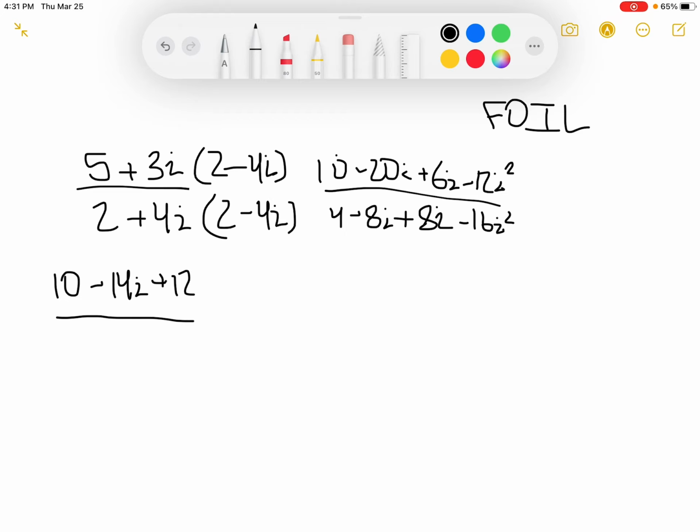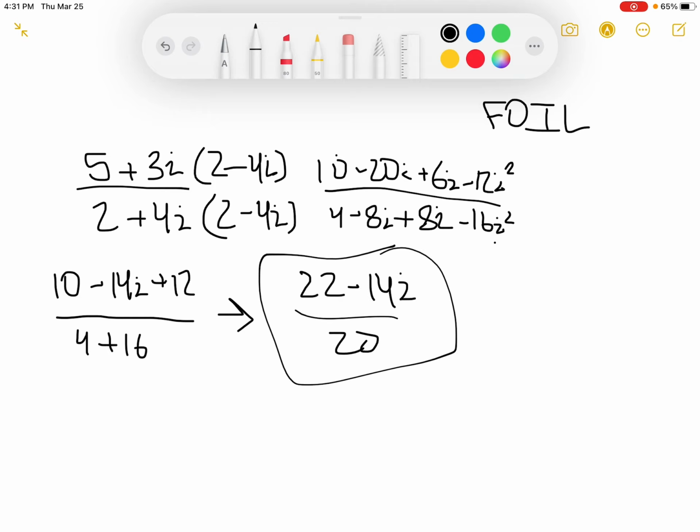That's the top. On the bottom, we have the i terms cancel out, so we just have 4 plus 16, because we changed the sign. So further simplified, you now have (22 - 14i) divided by 20. That is our answer. That's how you divide.